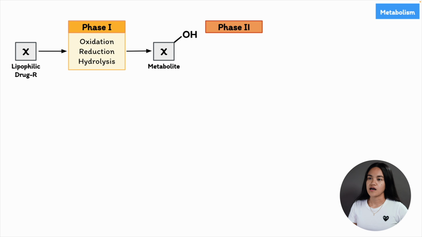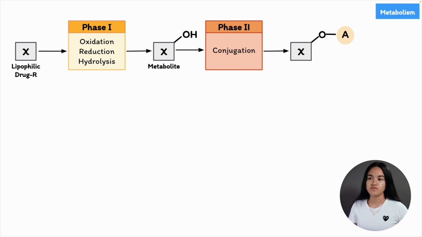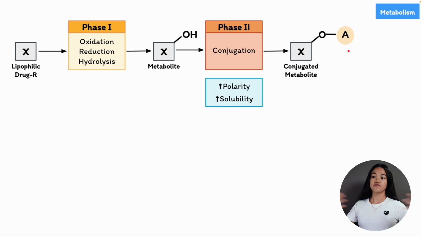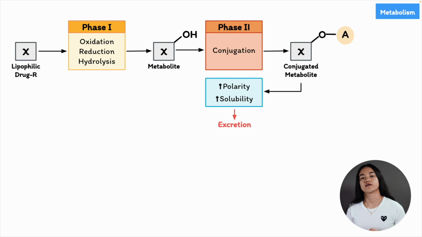Now that there is this hydroxide OH group, the body can perform a conjugation attachment, which means it will attach a large hydrophilic group to the drug molecule. That is the group A here. And as a result, the drug will become more hydrophilic, okay, more polar, more water soluble, and it can be excreted by the body.